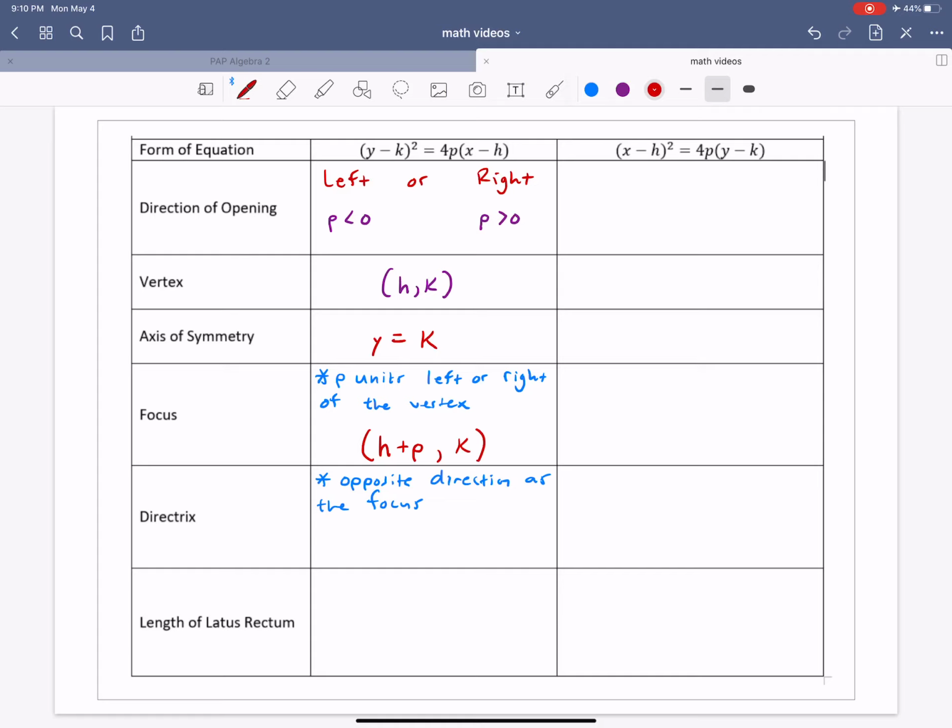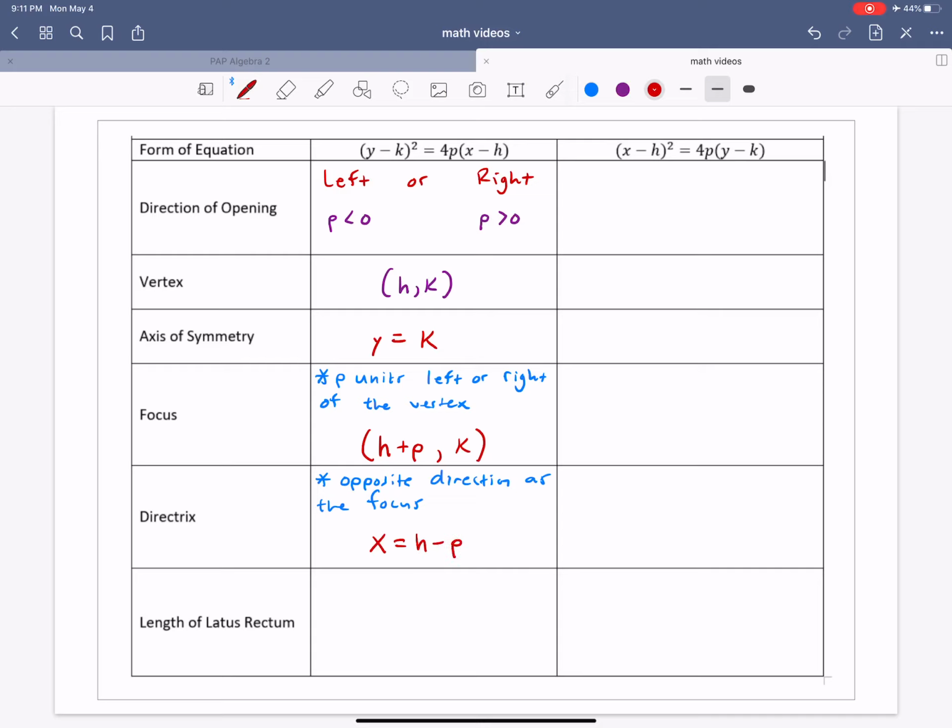The directrix is always perpendicular to the axis of symmetry. So if the axis of symmetry is horizontal, the directrix is going to be vertical, and we write the equation of vertical lines as x equals. If we want to go the opposite direction that we went for the focus, instead of h plus p, you're going to do h minus p.